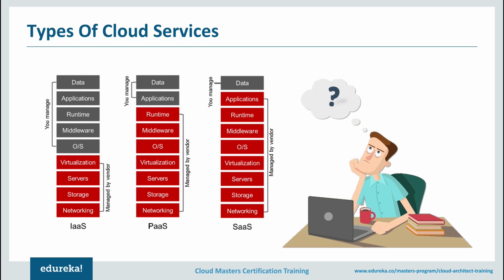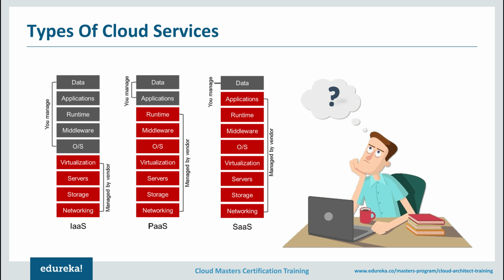Let's try to understand these examples a little more. Now, this diagram actually depicts all the points that we just discussed. If you take a look at IaaS, here your data, applications, runtime, middleware, and operating system, everything is managed by you. When you talk about the basic virtualization services, your servers, your storage, and network, these are the things your vendor manages. When you talk about PaaS, even the middleware is taken care of by your vendor.